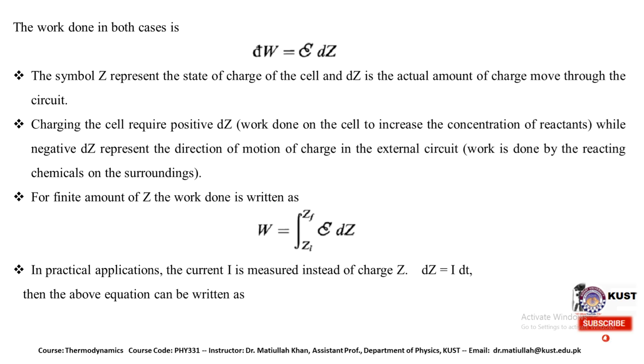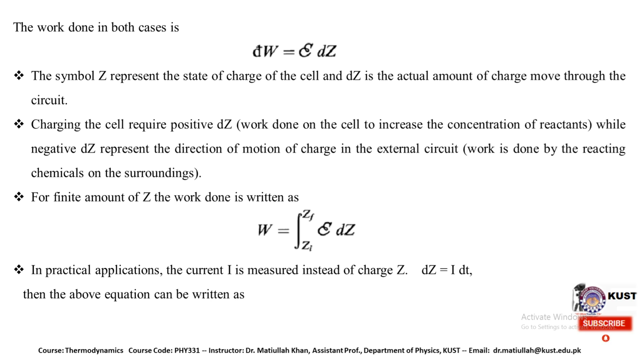So in practical applications the current I is measured instead of charge z. In most practical applications we cannot see the magnitude of charge in a system directly, so we measure it with the help of some other physical quantity, that is the current.